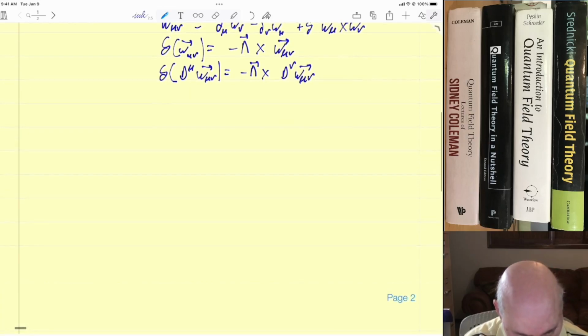Okay. So what we want to try and do is reproduce these results and generalize them to a geometric framework.